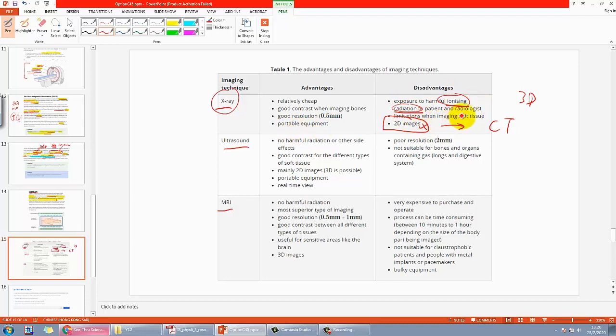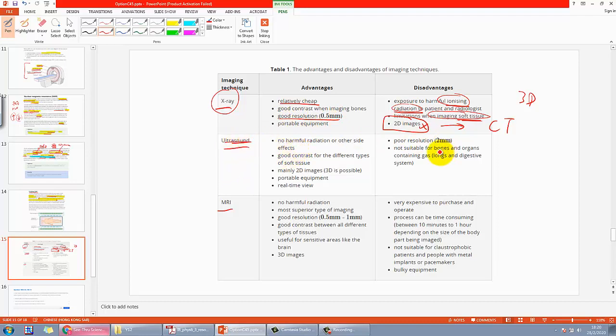And you can't do imaging if the whole thing you want to take a photo of is full of soft tissue. You can distinguish bone and soft tissue easily, but if something only contains soft tissue, like your brain with a tumor, let's say, unluckily, then you can't use X-ray directly. It's relatively cheap compared to others and with a good resolution.